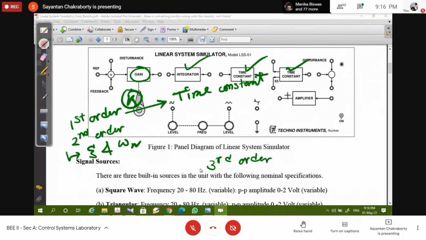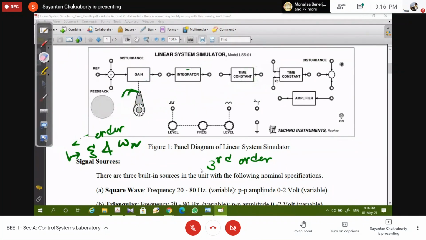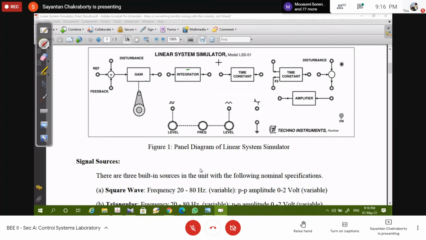That is beyond the purview of the syllabus of this lab for you, because you're not very much acquainted with third order system. So this is up to first and second order. There may be another second order system that will comprise the two time constant blocks, if you connect this, follow?